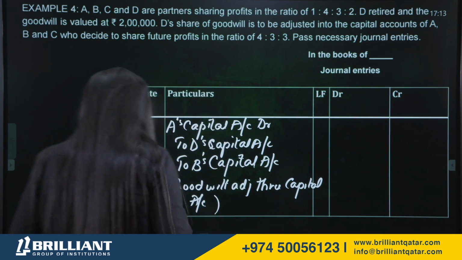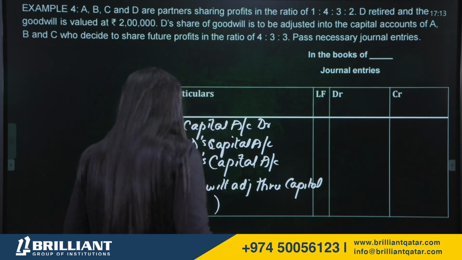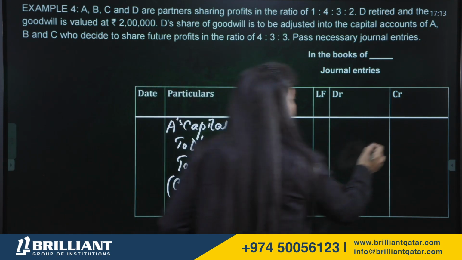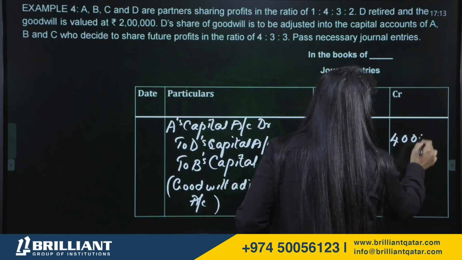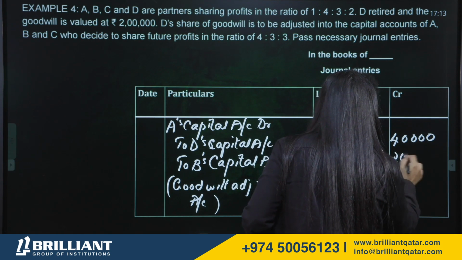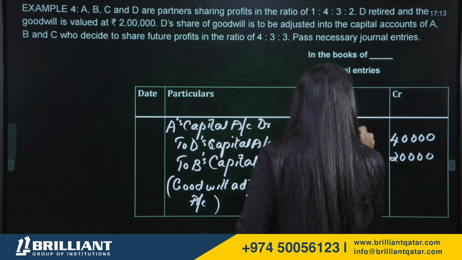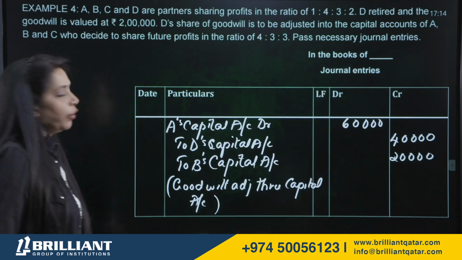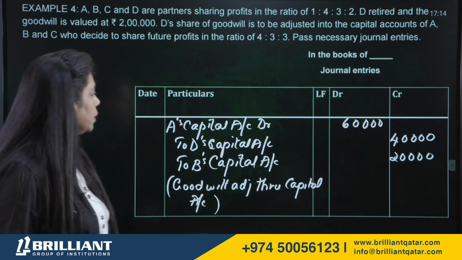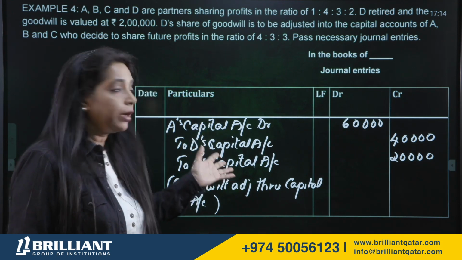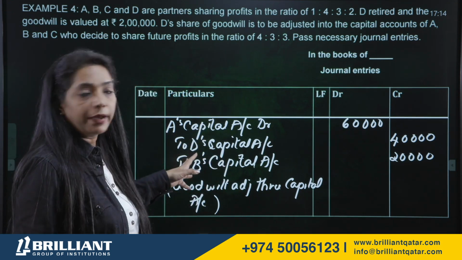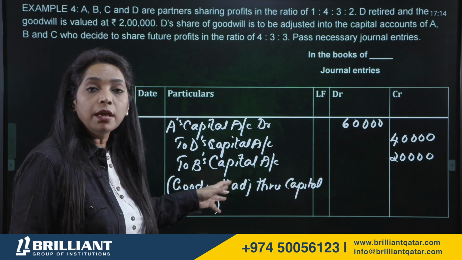So in case of D, D's share is 40,000. That's what we found out, and B's share we found out is 20,000, and A is a gaining partner with 60,000. So in this particular question, there is a small twist, that is you have the gaining partner to the retiring partner to the sacrificing partner.